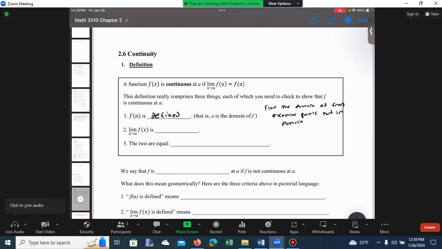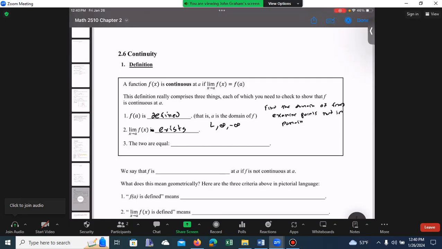Next one is that the limit of f of x as x goes to a exists. It has to exist, so that has to be a limit. That limit could be L, some value, could be infinity or negative infinity. But there has to be a limit.